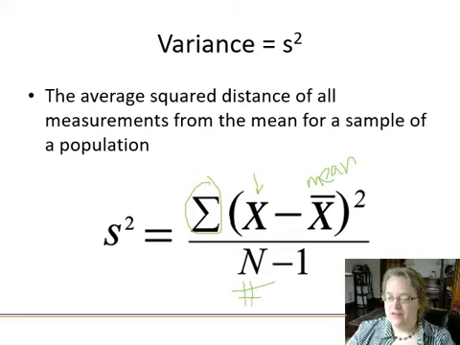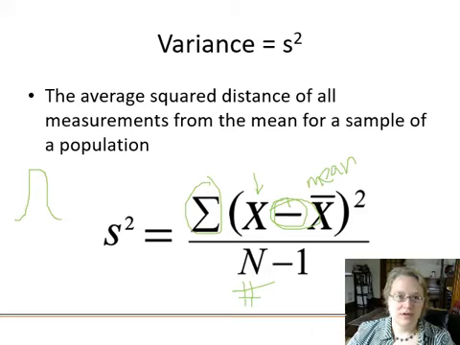Remember, this looks a little similar to our chi-square test, where we have the observed minus the expected squared over the expected value. We're doing a measurement of the difference between values and our mean in order to get the variance. And this is going to tell us whether the population is very tight with a very small variance, or very wide with very big variance, and things are very different from the mean.